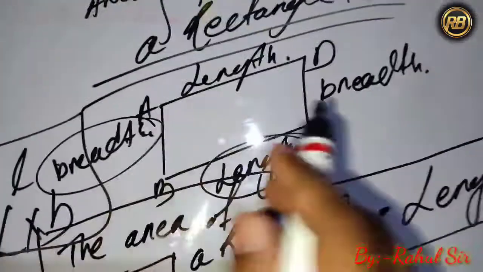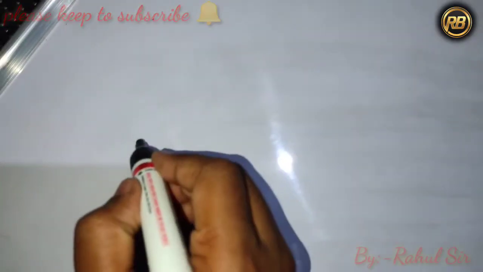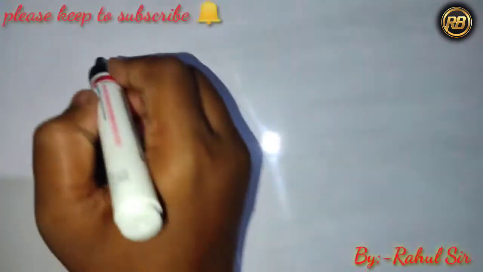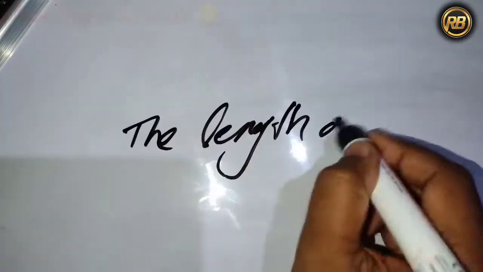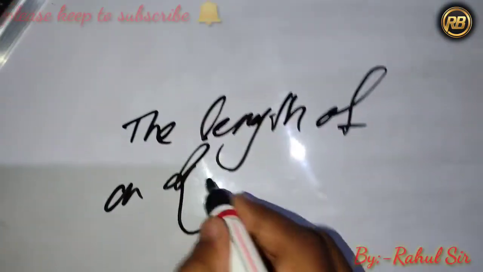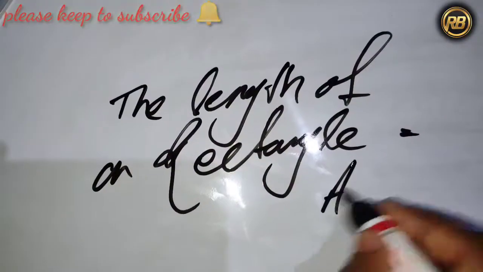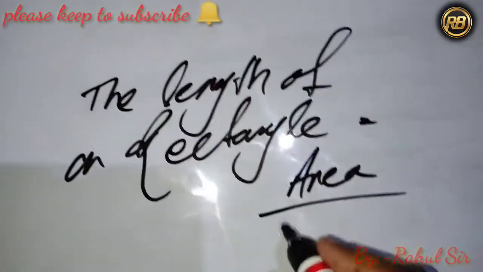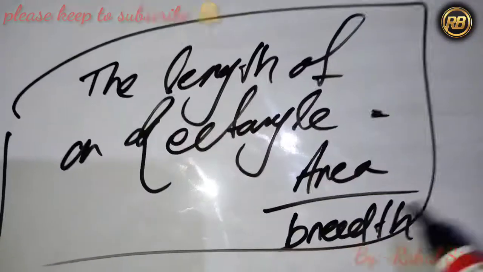Now let's find the length of a rectangle. The length of a rectangle is equal to area divided by breadth.